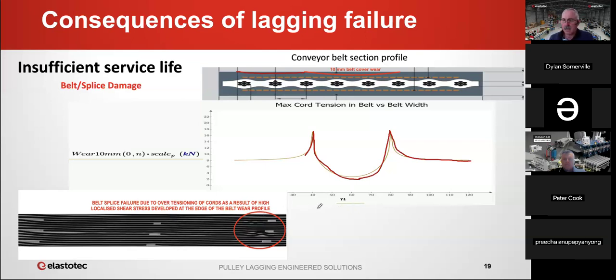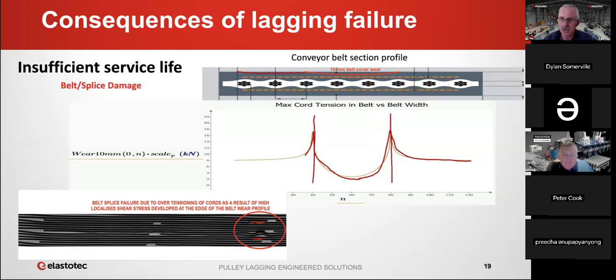This not only impacts the lagging, but also the belt splices. There's been quite a bit of work done on high tension conveyors where the splices are not lasting the amount of time they should. And these failure points, the areas where they're failing, in a large percentage of the time, they actually line up with these areas of high localized shear stress.